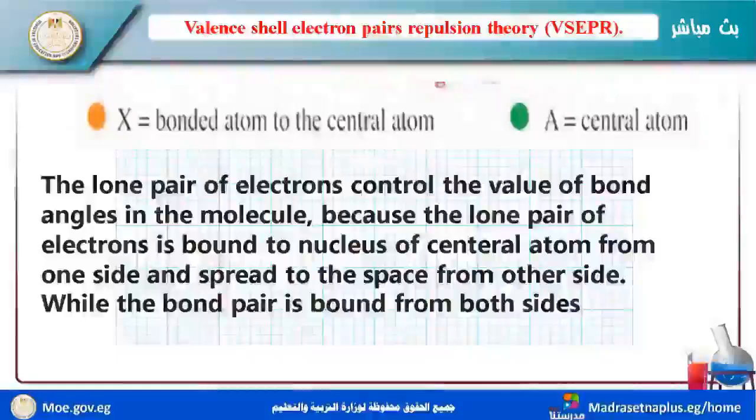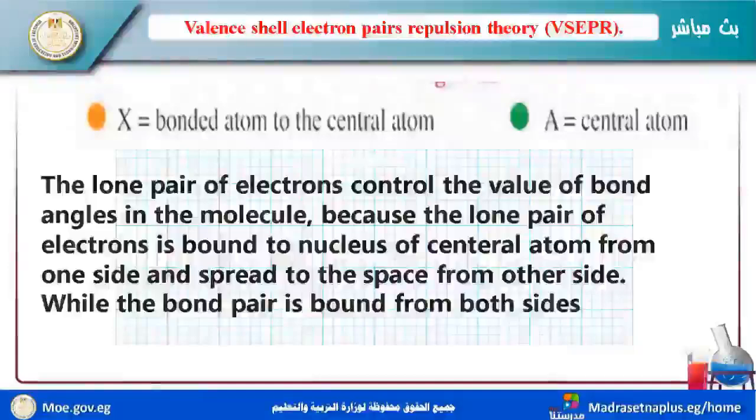While the bond pair is bound from both sides, because we have two sides: the first side is the central atom, and the other is the bonded atom. Like in NH3, N is the central atom.